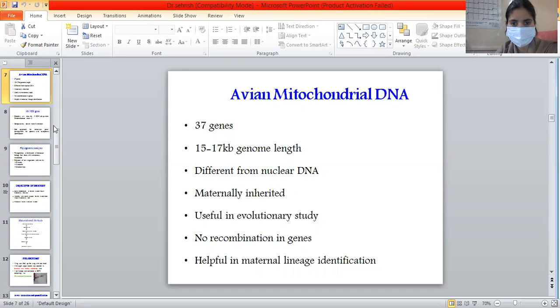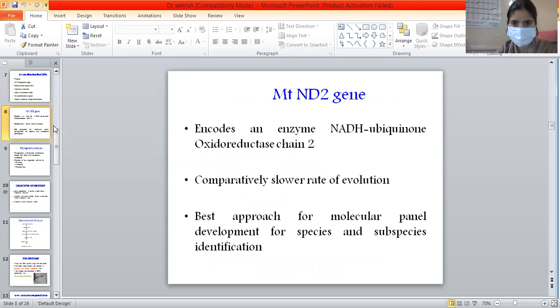These genes are very important for phylogenetic analysis as well, because there are certain regions in the mitochondrial genome which are highly conserved, and certain regions in the mitochondrial DNA which are highly hypervariable. That's why it is a very useful milestone for phylogenetic studies.